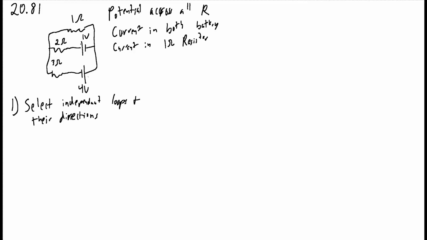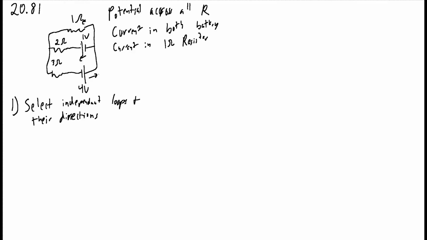All right, so this guy here, this battery says we're going to push this way. This battery says we're going to push that way. The 1 ohm resistor is not saying much of anything, so we'll just say that the current going through here is also going that way. Okay. So now I'm going to select 2 loops that satisfy these currents here.